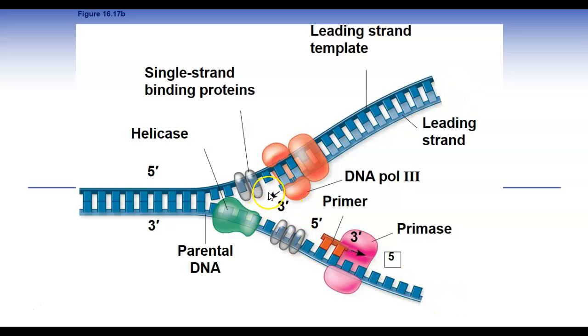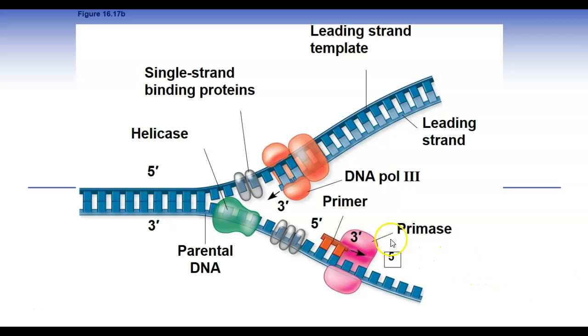Because DNA can only be added going in this way, it's only the polymerase on this 3' to 5' template that can continually go. On the lagging strand, polymerase is going to keep adding nucleotides, but only in this direction. So it's going to be going that way.